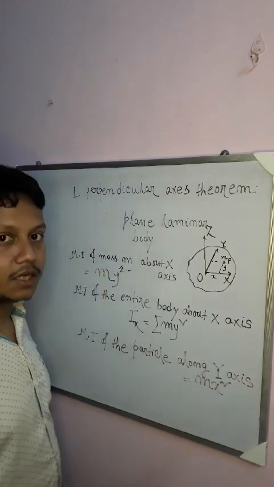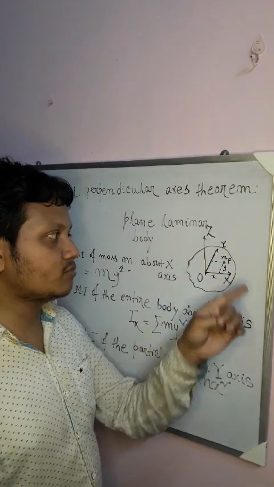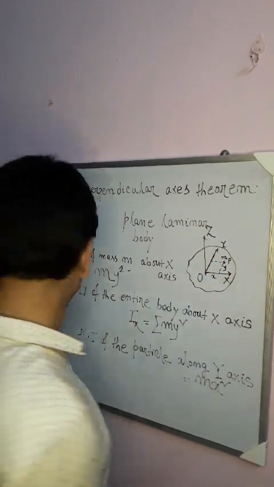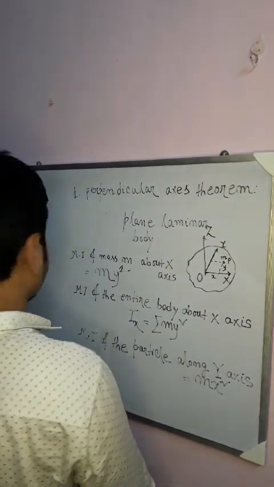By taking the summation of this, we get the moment of inertia of the entire body about the y-axis. What will be the expression? Let's write it.